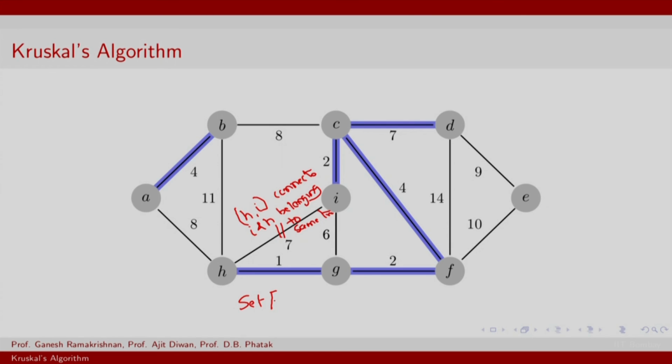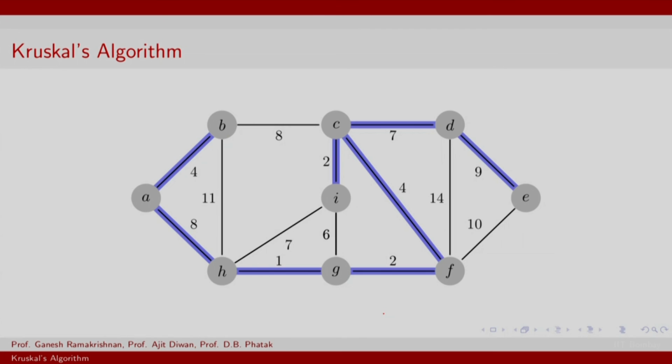So set ID of I by this point of time will point to H, because that is the smaller of the two. In fact, it could be any of the others. So suffices to say set ID of I will equal set ID of H. So we will not add this edge HI, but we will add AH next. It does not lead to any cycle, they belong to two different trees, then DE and so on.